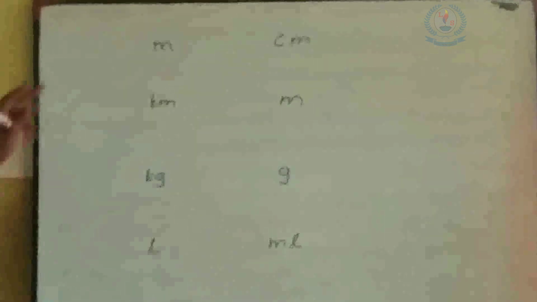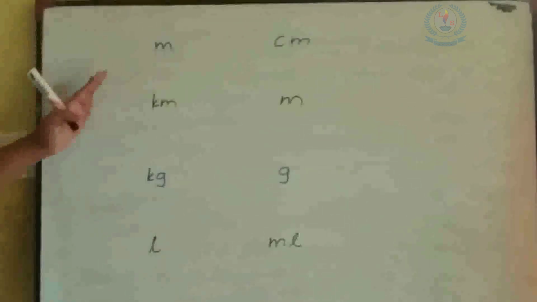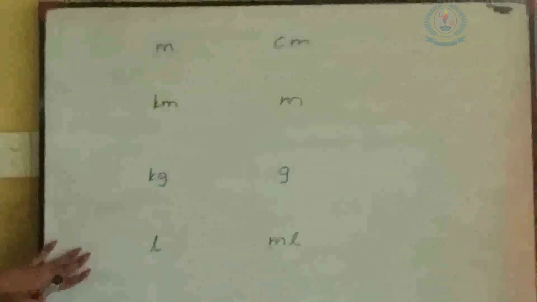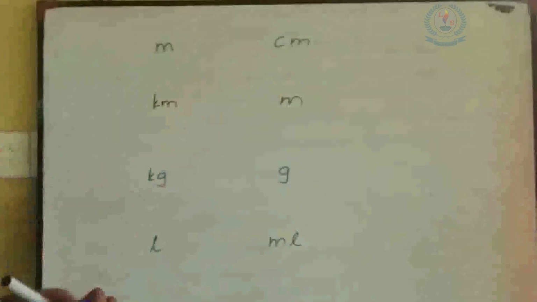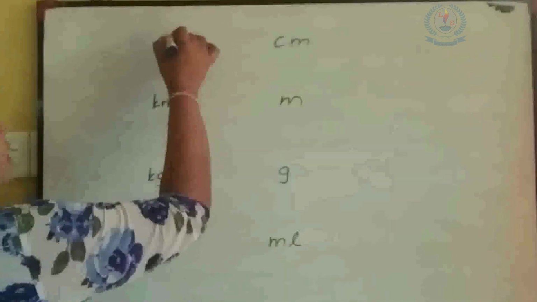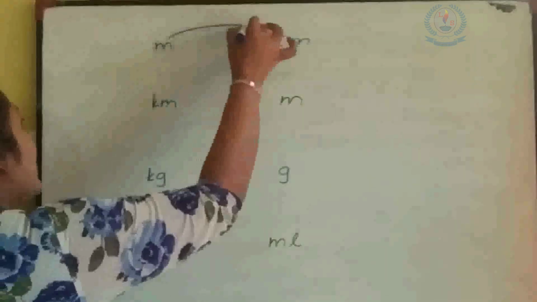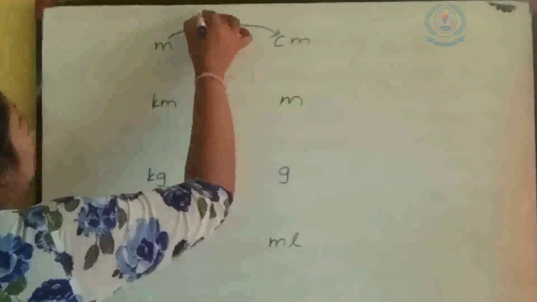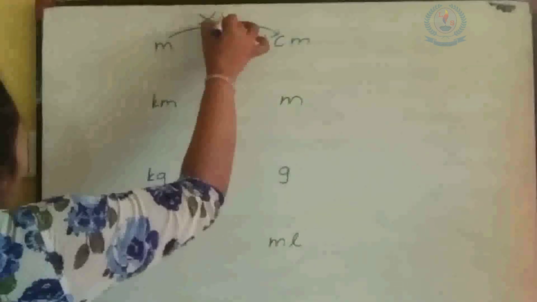Okay children, that is the end of this subtopic. Now I am going to summarize those relationships or concepts. First I am taking meters and centimeters. When we are converting a meter value into a centimeter value, we need to multiply by 100.